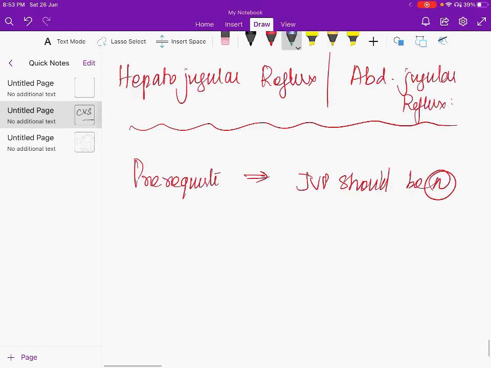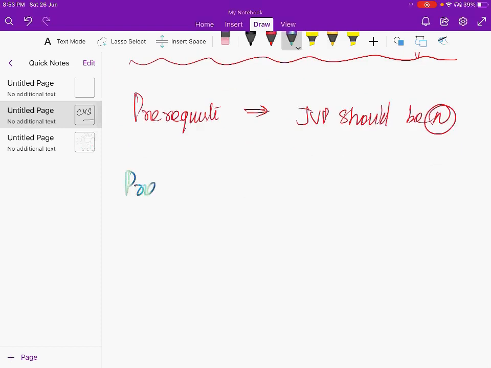This is normal physiology. What happens if you give pressure for some 10 to 15 seconds in the right hypochondrium with the patient in a 45-degree position?